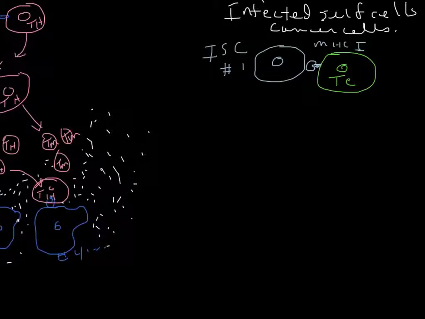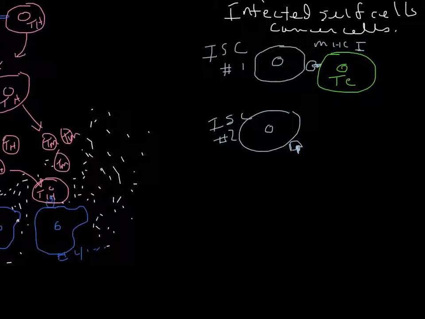We have our cytotoxic T cell, and once again, we're going to have the process of co-stimulation take place, because we really need to make sure before we turn this cytotoxic T cell loose that, indeed, we should have this process going on, because wait until you see the destruction that potentially happens here.